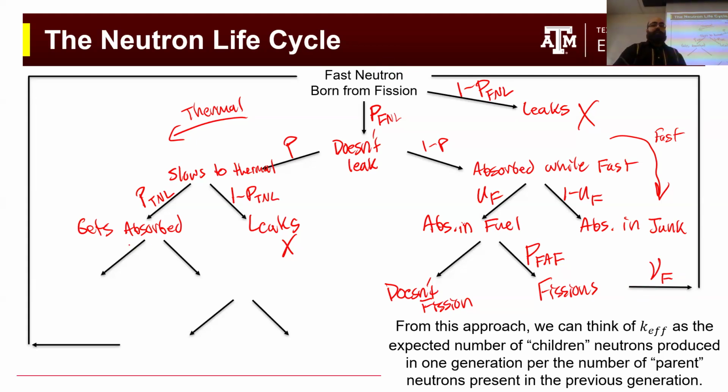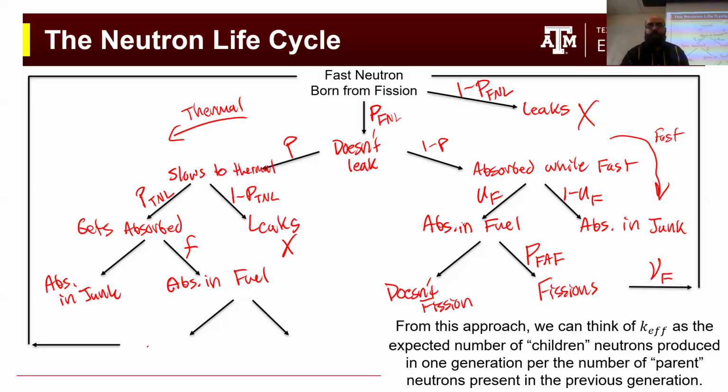Just like in the fast branch, when we're absorbed as a thermal neutron, we can either be absorbed in junk, in which case the neutron is gone and we don't care about it anymore, or we get absorbed in fuel. We'll say absorbed in fuel. And if we're absorbed in the fuel while thermal, that was our F. That was our thermal utilization. And then once we're absorbed in the fuel, we could either fission or not fission.